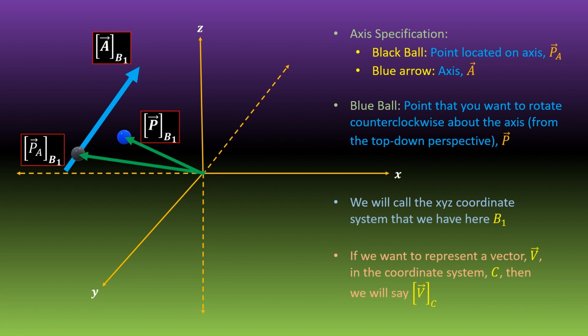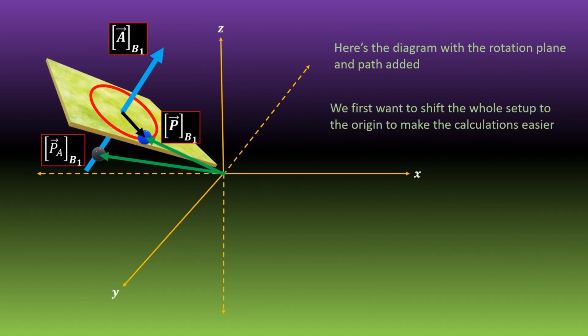So what we have here is a diagram with our rotation plane and path added. You'll see that our path is within this rotation plane in green that is perpendicular to the axis. It's that green plane that looks like a lawn, with grass.